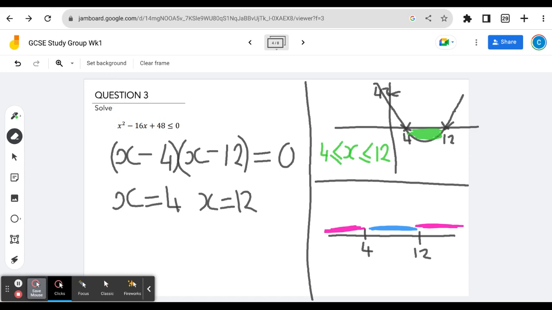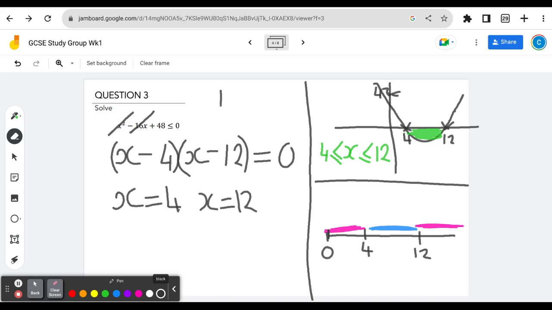Now, you're in a test when you do this, so we want to work quickly. So choose a number to substitute that's nice and easy. I'm going to choose the number 0. That's what I always do. I found out where 0 is. 0 is in the pink area, so I'm going to substitute 0 in. And the cool thing about substituting 0 is that we literally can just swipe out terms. 0, 0.